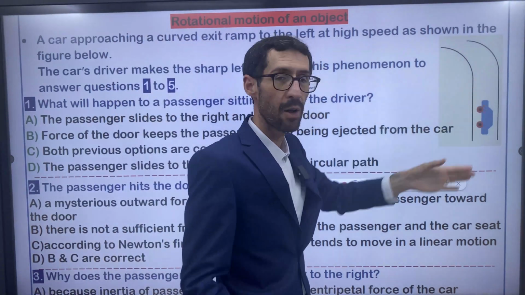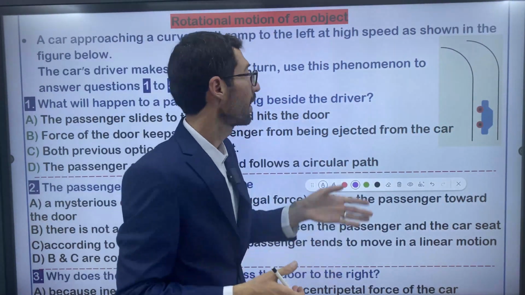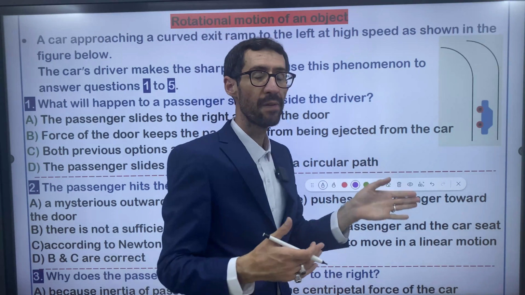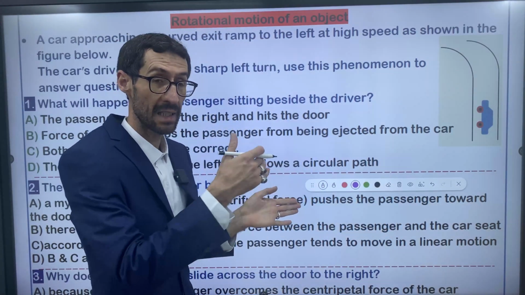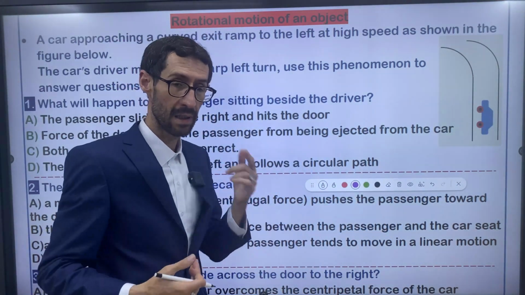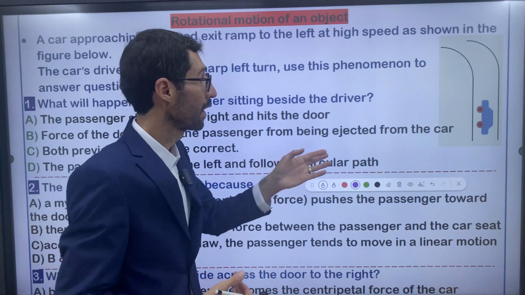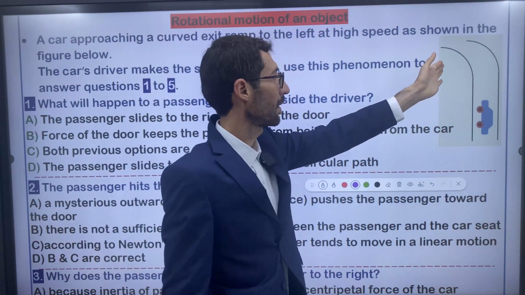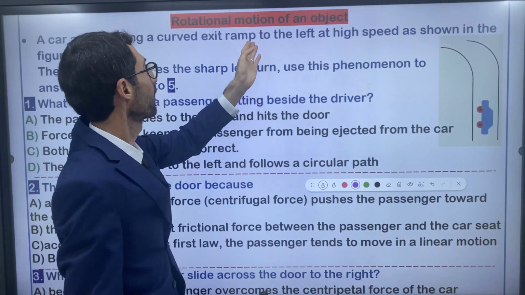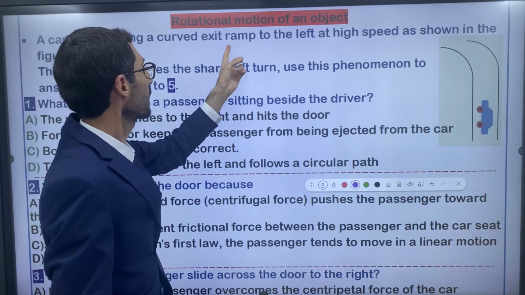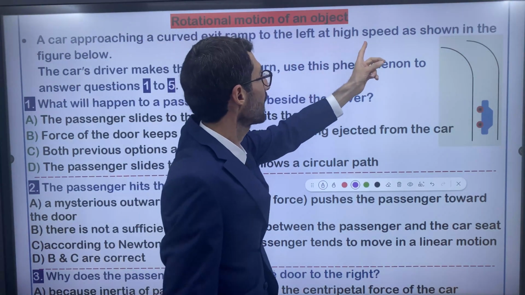Firstly, the car follows a straight line path, and after that, the driver encounters a turn to the left, right?